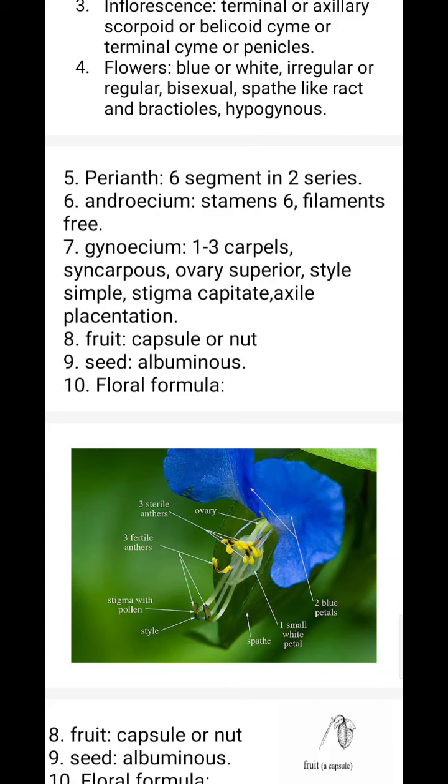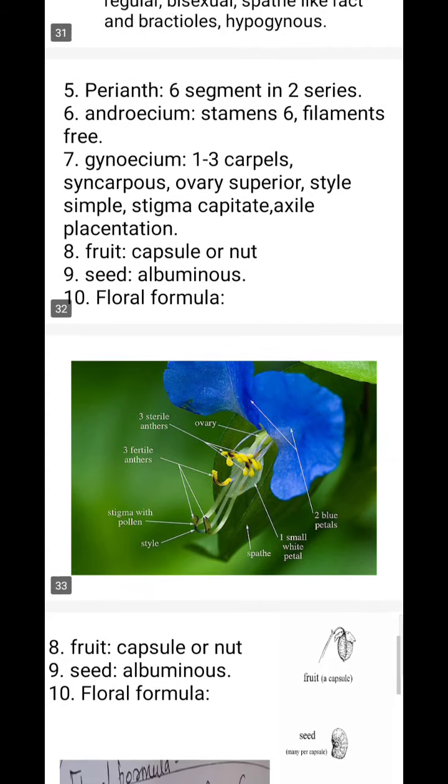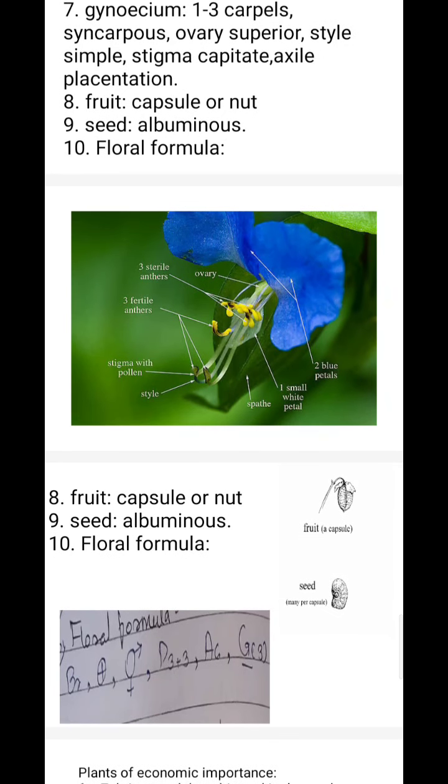Ovary is superior, style is simple and stigma is capitate. So these are the characters of the gynoecium, and the ovary shows axile placentation. Then fruit type is capsule or nut, and seeds are albuminous.